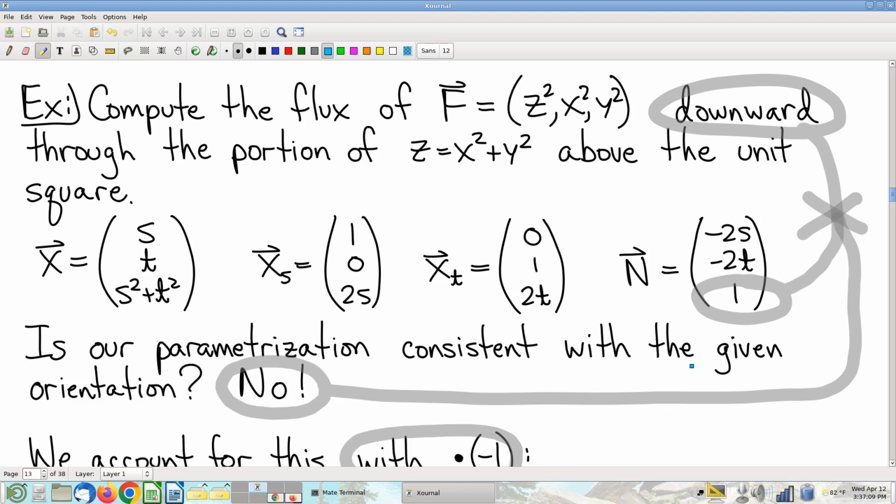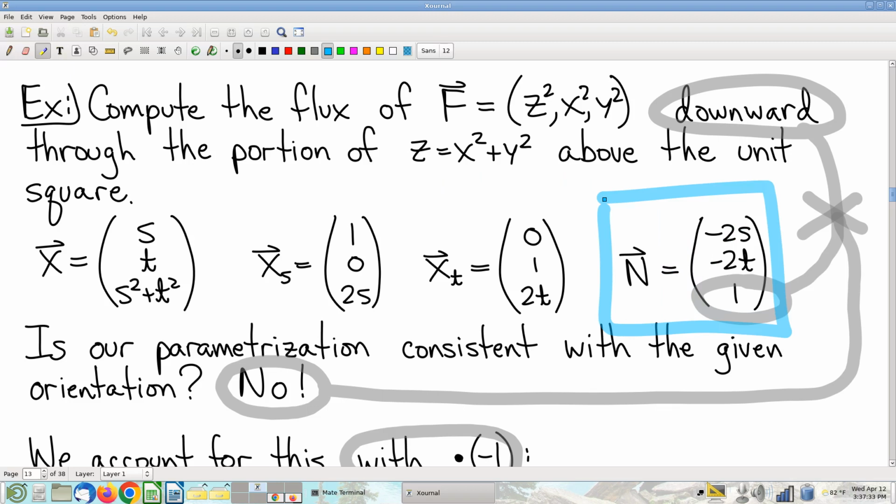Okay, so here we go. Same vector field, same surface. It's a graph, gives us the same parameterization, which of course has the same partials, which then give us the same cross product, and thus we have this same capital N vector that we got last time. Now, here's where we have to pause.